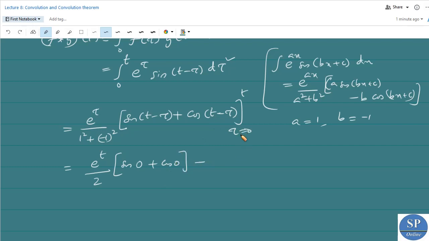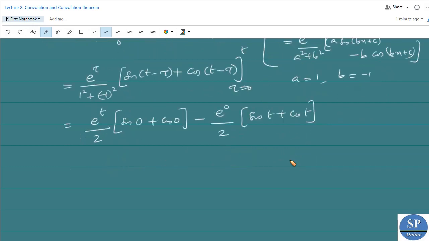Now minus, applying tau equal to 0: e power 0 divided by 2 into sin of t minus 0, that is sin t, plus cos of t minus 0, that is cos t. Since sin 0 is 0 and cos 0 is 1, we have e power t by 2, and here 1 by 2. Taking 1 by 2 outside, we get 1 by 2 into e power t minus sin t minus cos t.